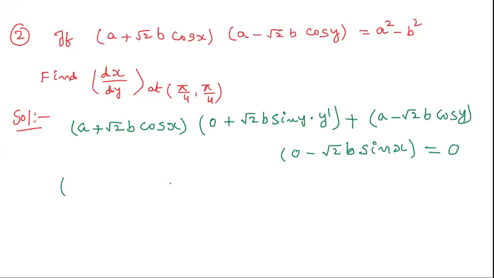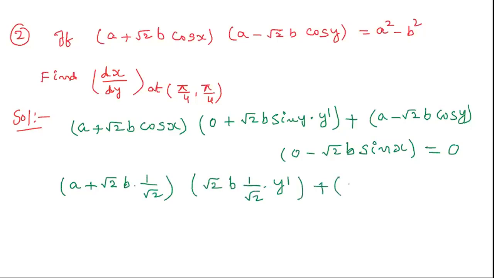Substitute now. (a + √2 b cos π/4), that is 1/√2, into √2 b sin π/4, that is also 1/√2, into y', plus (a - √2 b cos π/4), 1/√2, into minus √2 b sin π/4, 1/√2, is equal to 0.